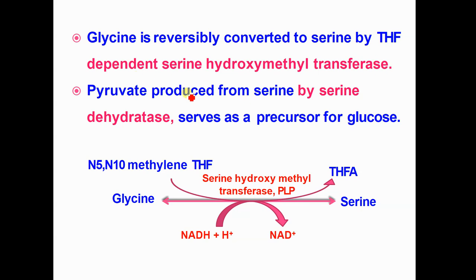The pyruvate produced from serine by serine dehydratase serves as a precursor for glucose. So it is the same reaction where your serine was converted to glycine. Now by the same enzyme, serine hydroxymethyltransferase, dependent on the PLP, the glycine will be converted to serine.